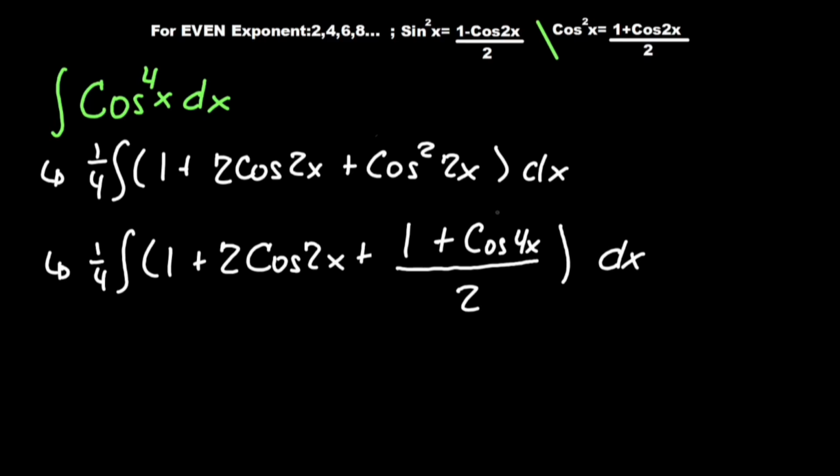So, we can split this fraction. This can be 1/2 plus cosine 4x over 2. And so, we can add 1/2 and 1, which would be 3 over 2.